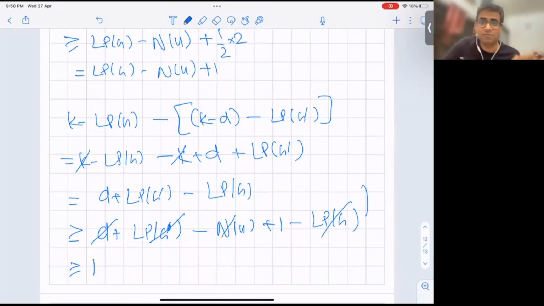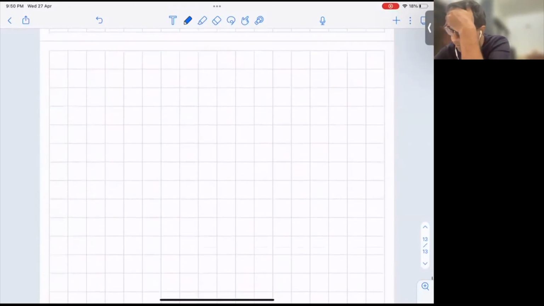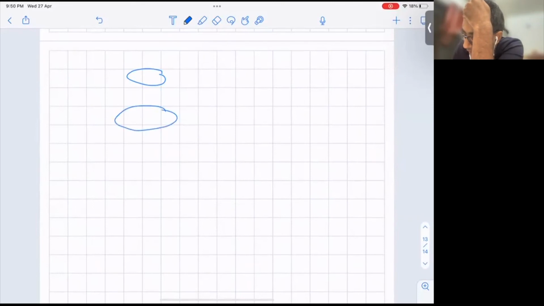But in essence, what is interesting is that if every independent set in my graph has a larger size neighborhood, then we are able to make some progress. But what was the previous algorithm doing?